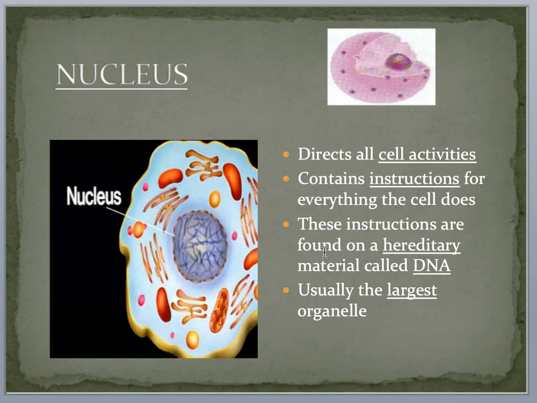These instructions are found on a hereditary material called DNA, usually in the largest organelle. Just like our brain, our head, the nucleus controls and directs the cell what to do. The nucleus contains the DNA, and it helps direct the cell towards a particular task.